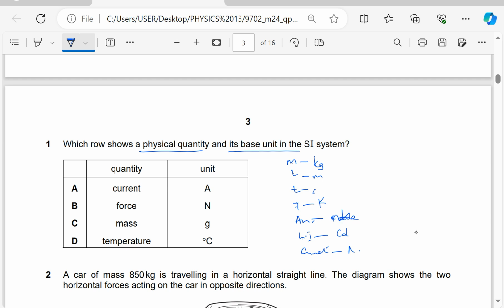So we just check current is in amperes, which shows physical quantity and its base unit. Remember, something is physical because it can be measured by a certain instrument. So all these ones, force is derived, mass is physical but is not measured in grams, it is in kilograms. Temperature is physical, but its SI unit is Kelvin. So the answer is going to be A.